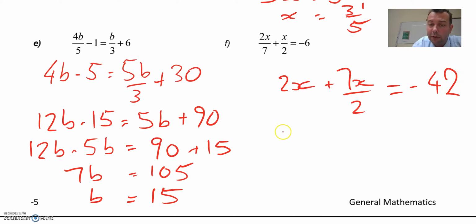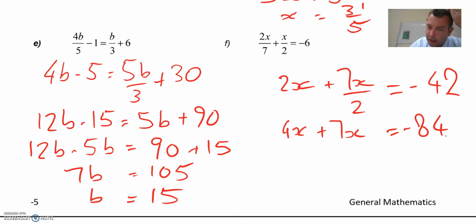Multiply everything by 2 now, and I get 4x plus 7x, not 14x, because I'm cancelling that 2 on the bottom. Top notch. 4x plus 7x equals 2 lots of this, negative 84.